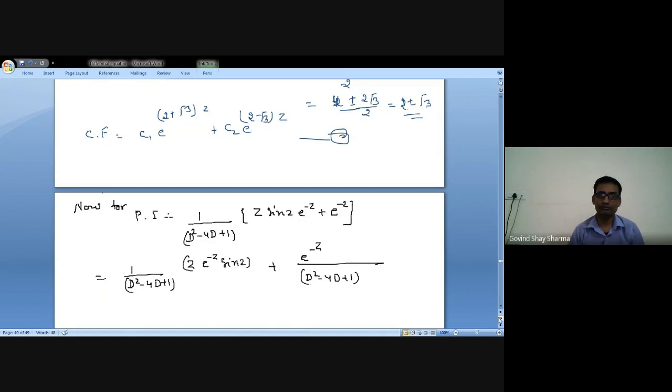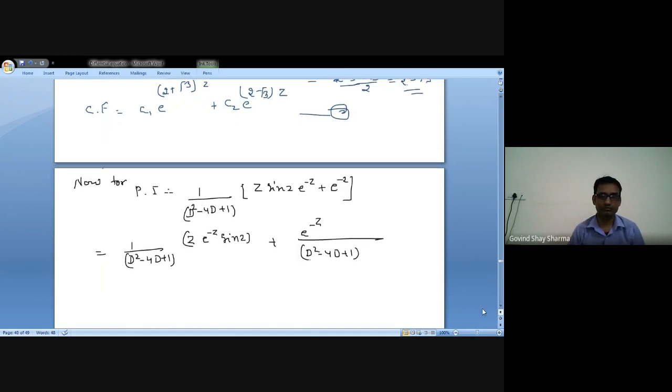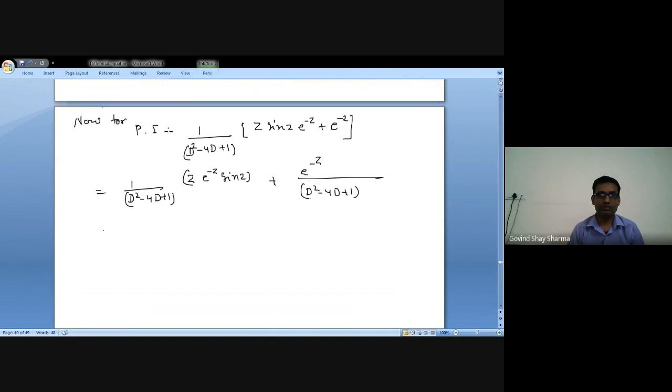First we solve for e to the power minus z.